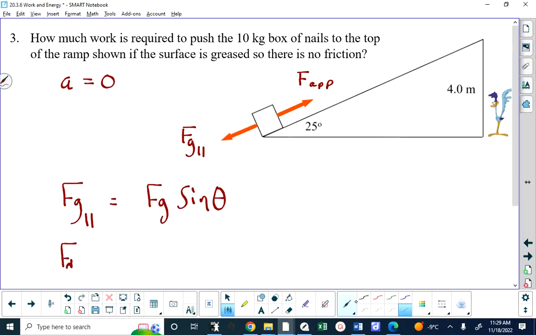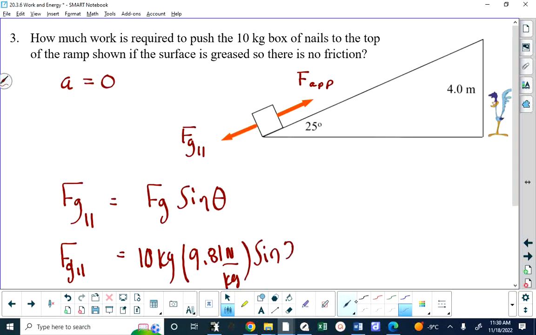So this will be Fg parallel equals m, which is 10 kilograms, 10 kilograms times 9.81 newtons per kilogram times sine of 25 degrees.